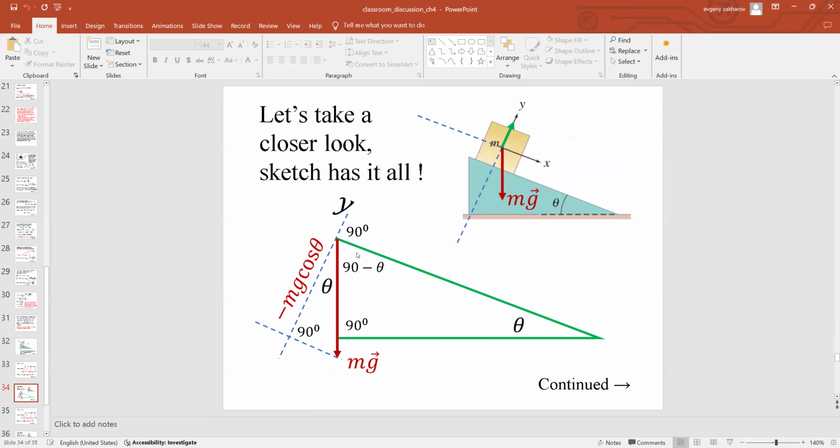You get this angle as 90 minus theta. Now, the angle between the y-axis and the inclined plane is 90 degrees. So you have 90 here, 90 minus theta there. So what is the remaining here? The remaining is theta, because the whole thing is 180.